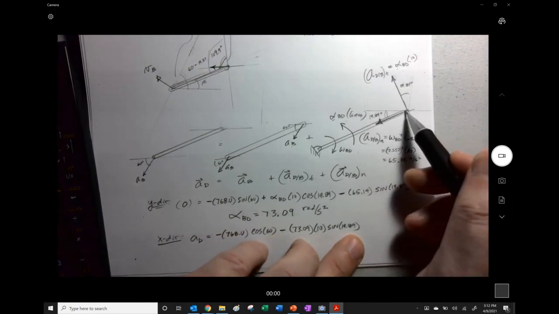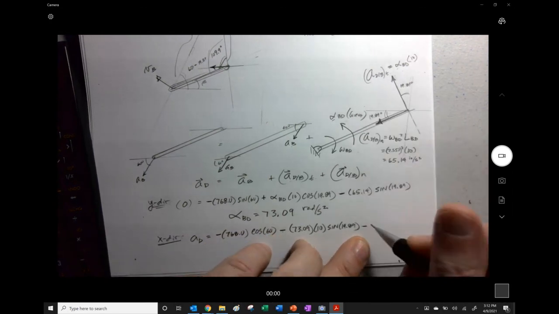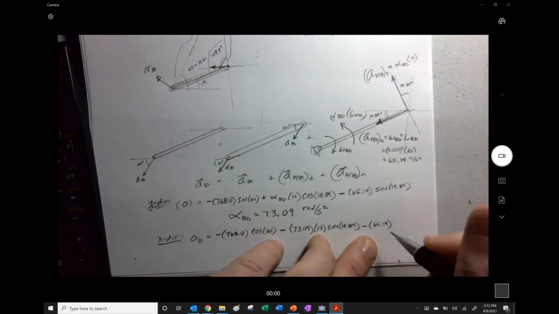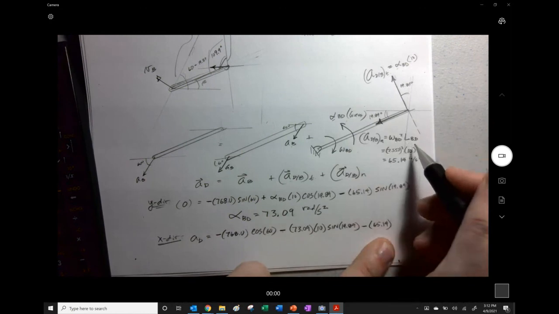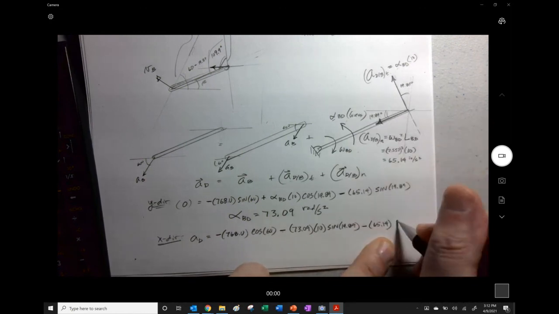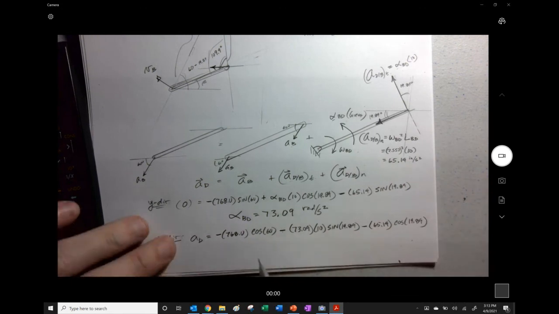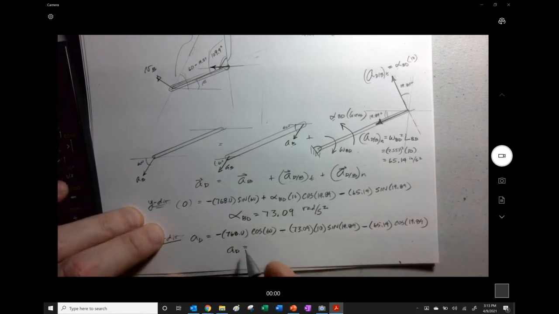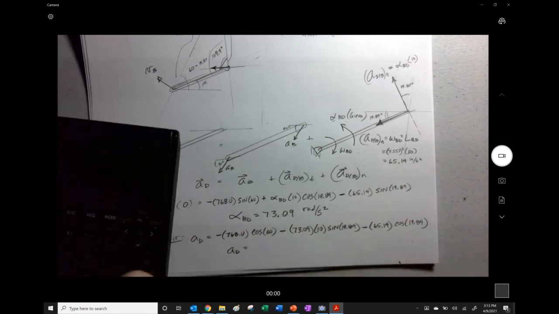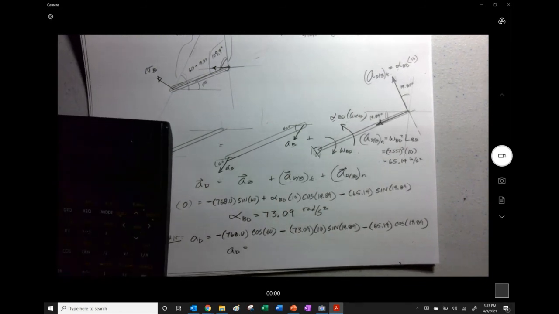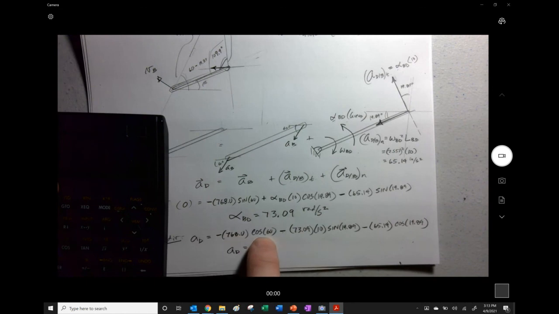And then this last one, this is also negative, 65.14, and that's going to be the cosine of 19.89. So we get AD is, cosine times right there.